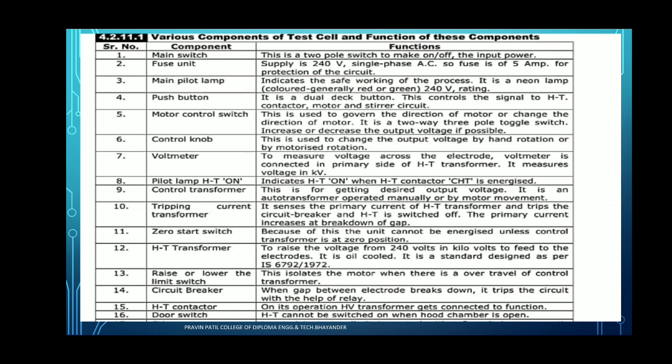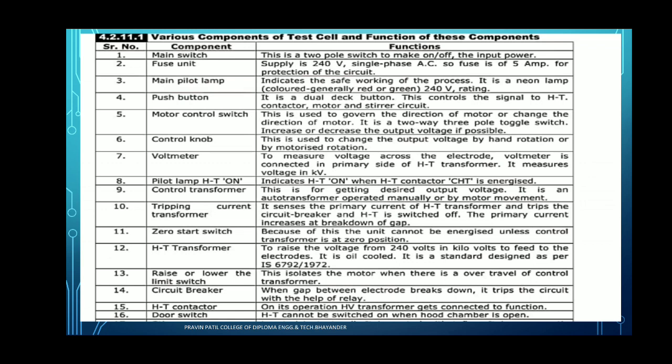That type of lamp indicates the continuity of the working process, or when we have to stop the work, that lamp indicates it. This lamp is nothing but the indication of the system's working process, with the color generally red or green and a rating capacity of 240 volt.